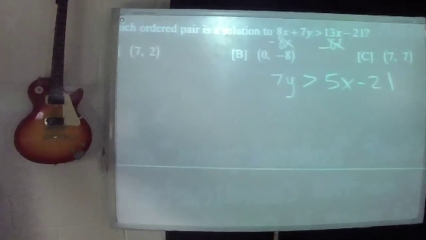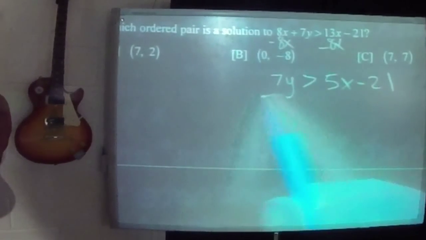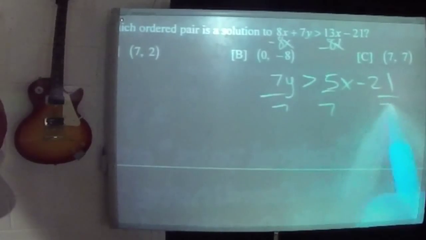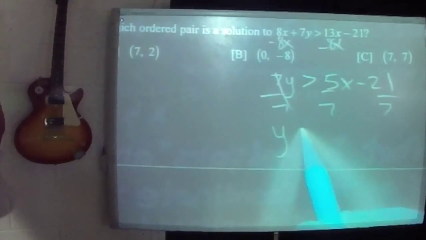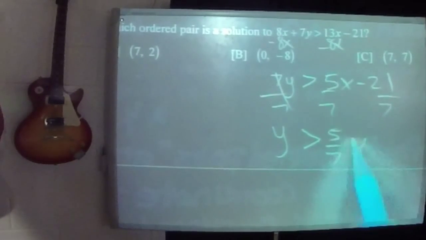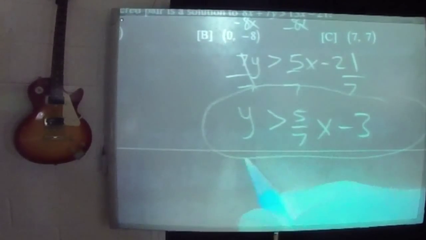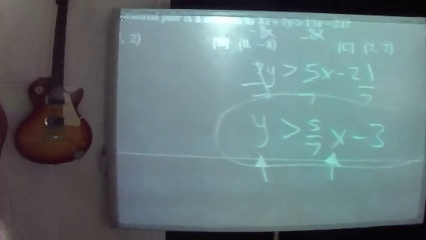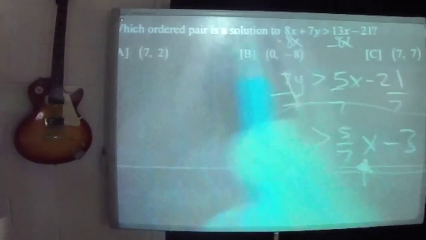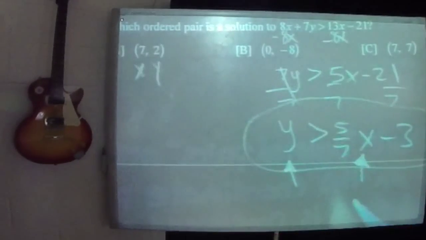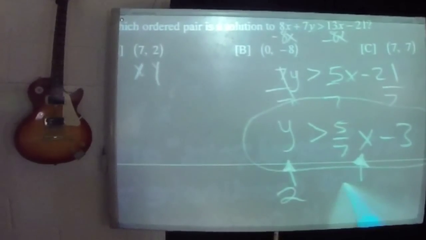Looks like I won't be sign flipping, but I'm going to divide all three things by what? 7. Y is less than 5/7 x minus 3. Put arrows under the y and the x. And let's test our first answer. 7, 2. 2 goes here, 7 goes here.